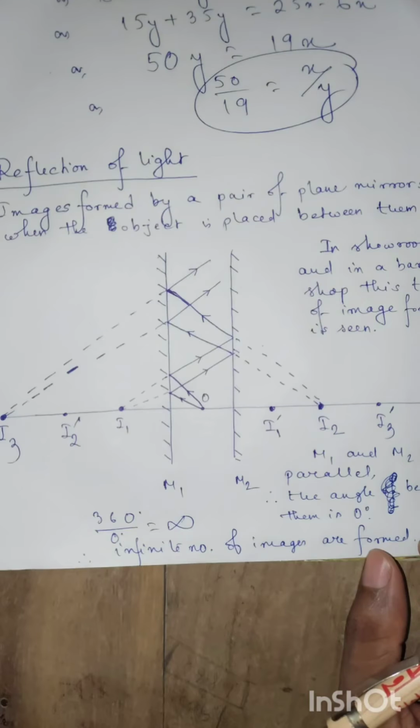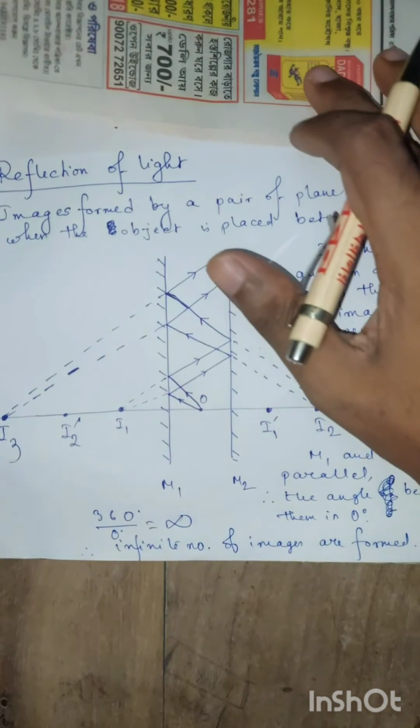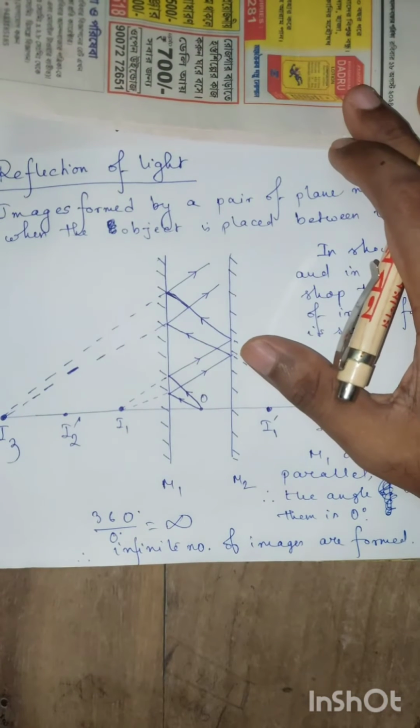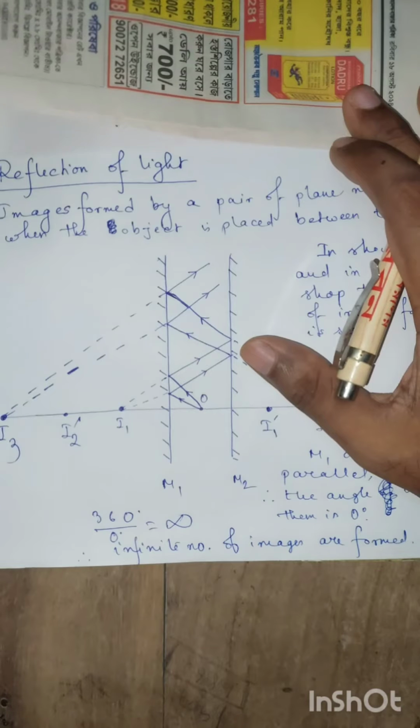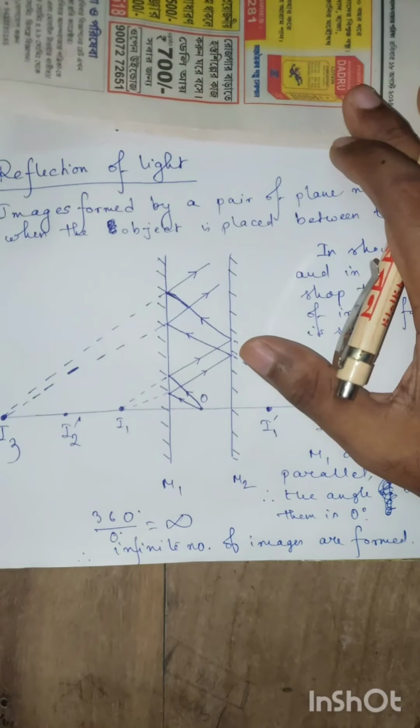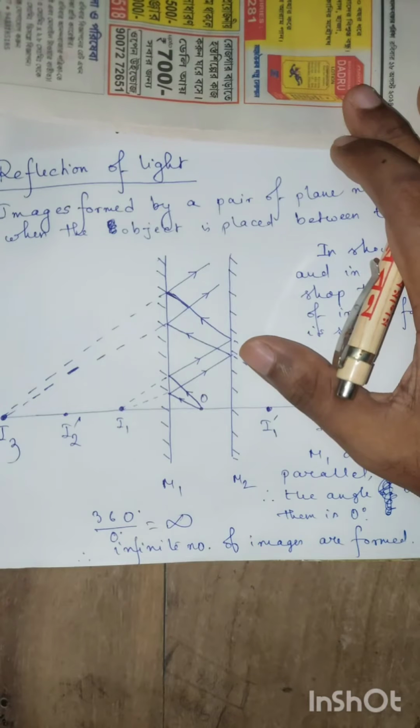Similarly, we shall see in refraction a thick plane mirror also forms multiple images.